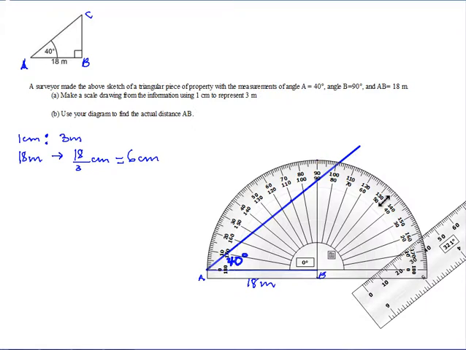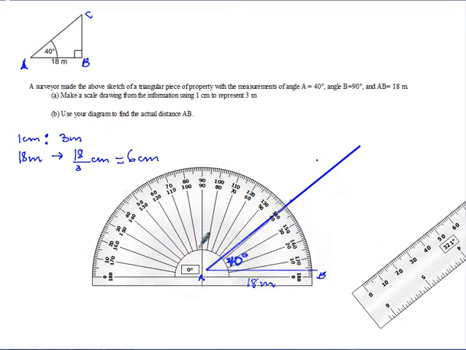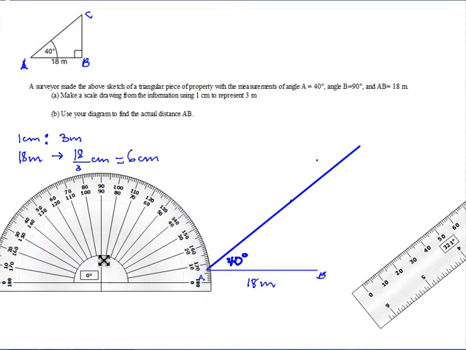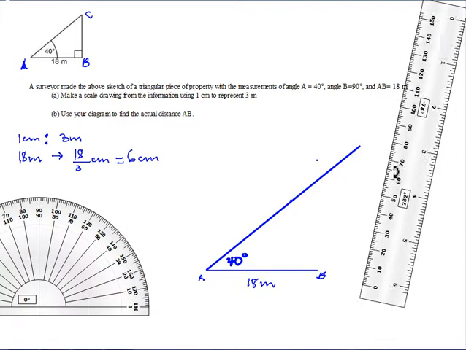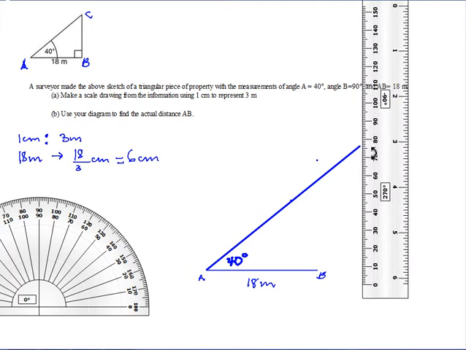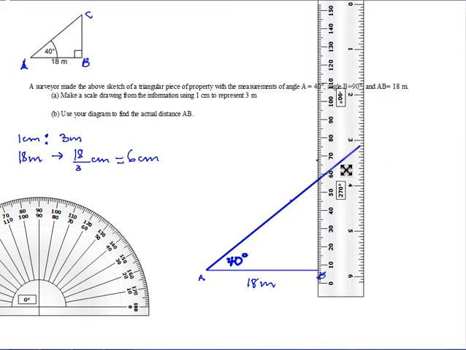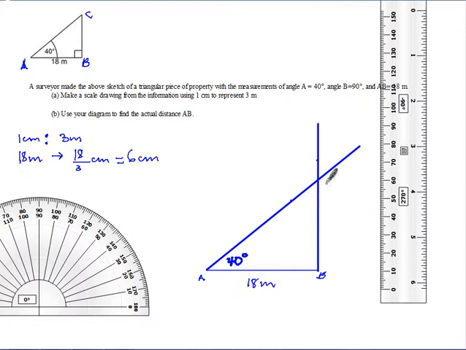Now use a ruler to connect that dot to B with a straight line, and that line will create the 90-degree angle at the point B. You can draw the line longer than where the point is. It doesn't matter if some spills over. So right here is the point C. You don't need to erase the excess there. Just know that this is the point C. So that's the diagram there.